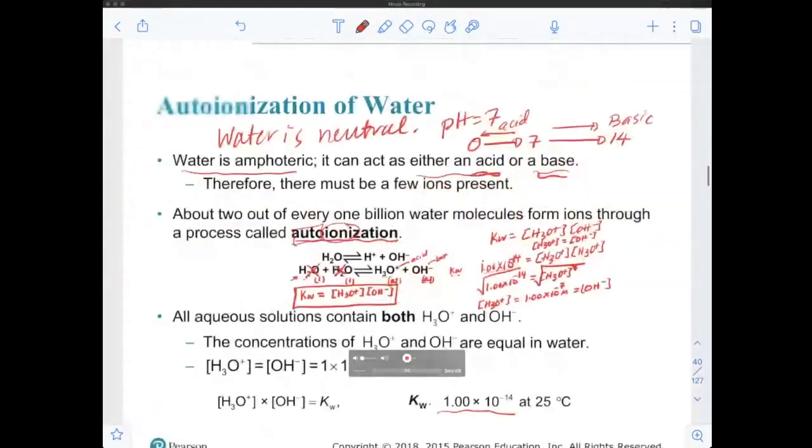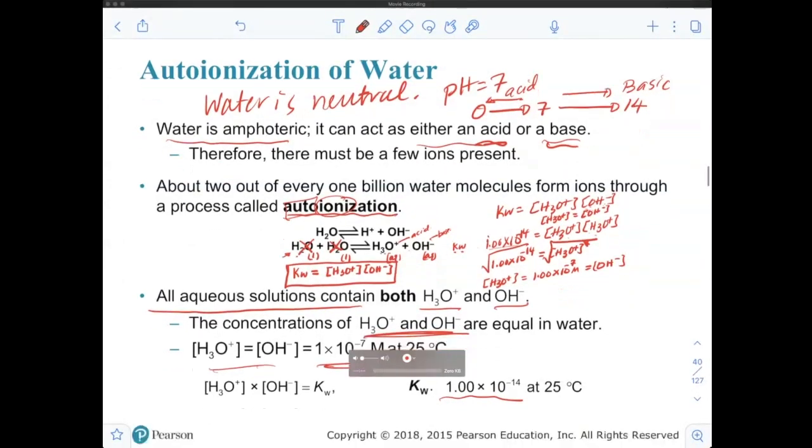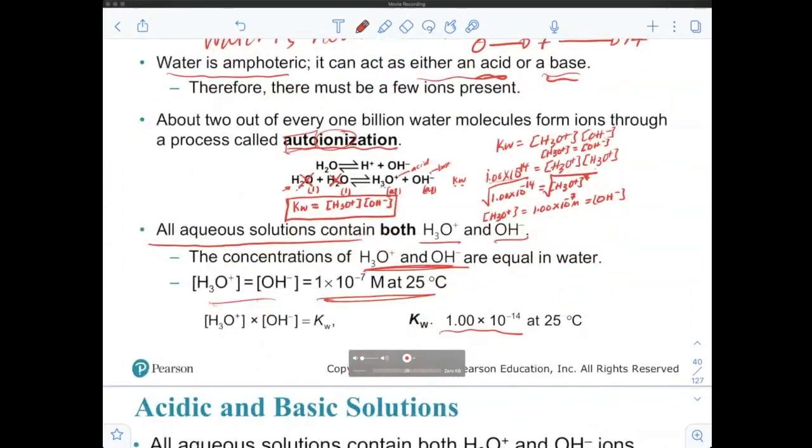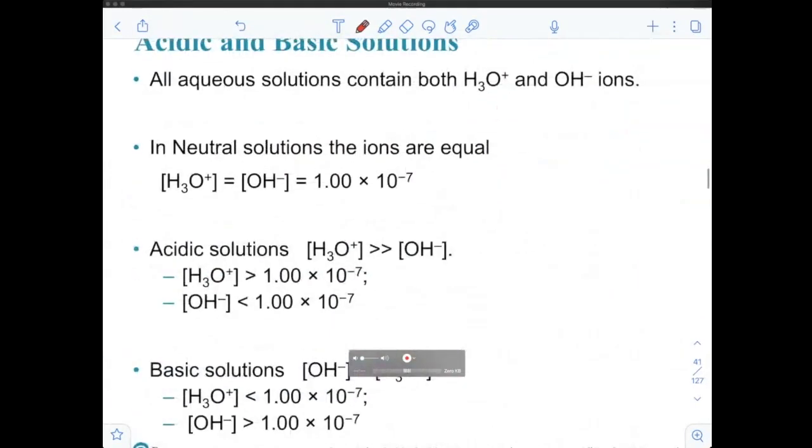So they tell you all aqueous solutions contain both H3O plus and OH minus, but in water, these amounts are equal to each other, and they are equal to this value right here. So now we can move on. I'm close to finishing up this chapter, but I want to mention something. In all solutions that contain water, all aqueous solutions, apparently we have not been paying attention to this.